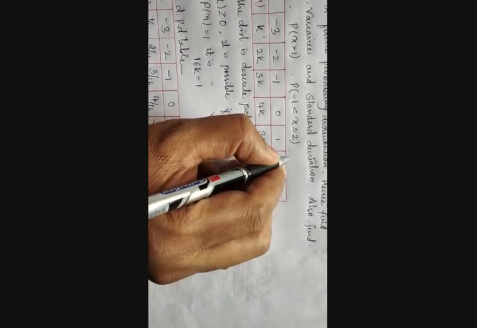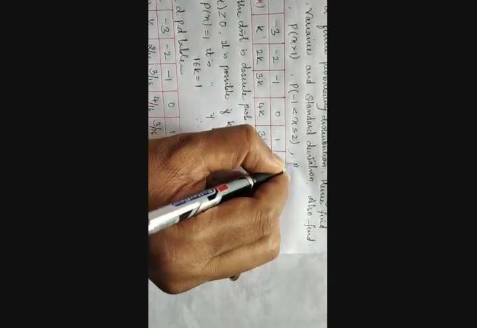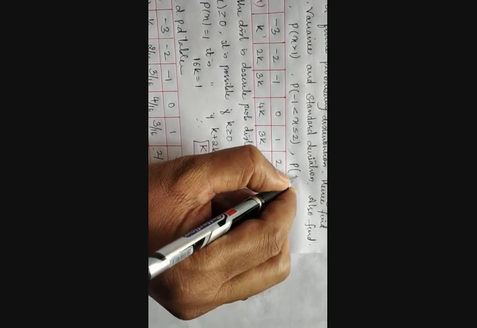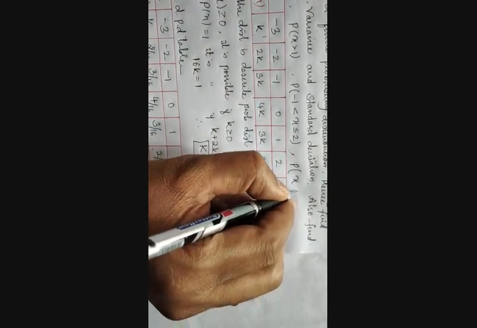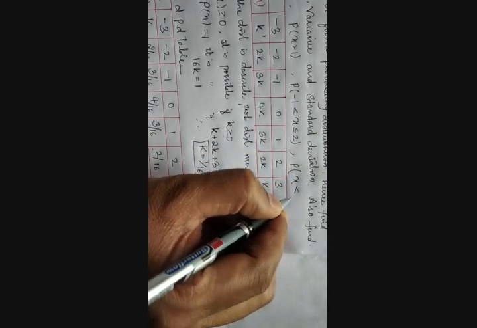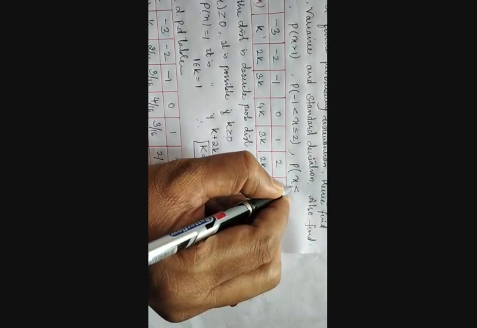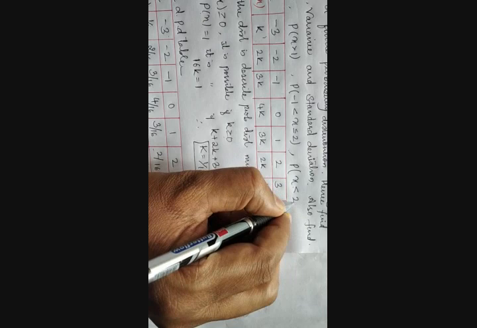Suppose we take one more example. One more thing I would like to add: I want to calculate probability of x less than 2. You might be thinking, what is the big deal in this example? Probability of x less than 2 means what?